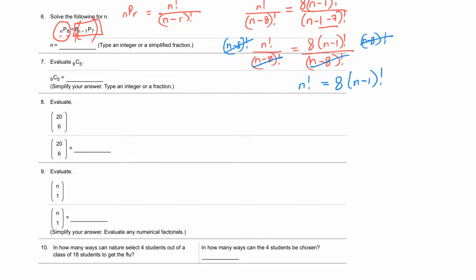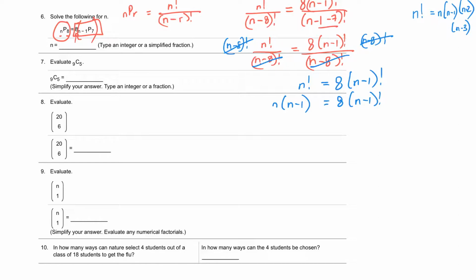Now n factorial just means take n and then times it by n minus 1, then times it by n minus 2, and keep going down by 1 like that. So I'd have n times n minus 1, and I'm going to stop right there because on the other side, I already have that n minus 1 factorial.